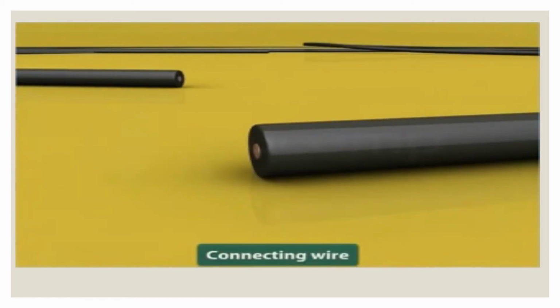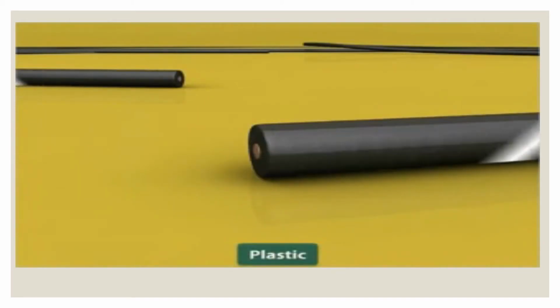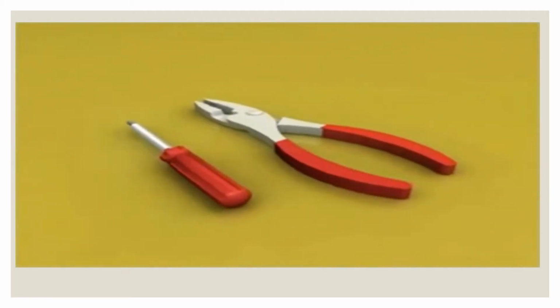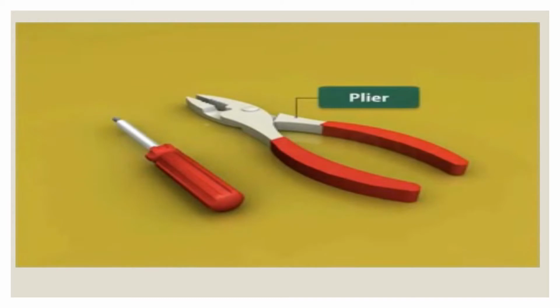And also you can see these wires are covered with plastic so that people don't get electric current, and you can see these pliers are covered with plastic and also screwdriver so that electricians don't get current while fixing the wires.